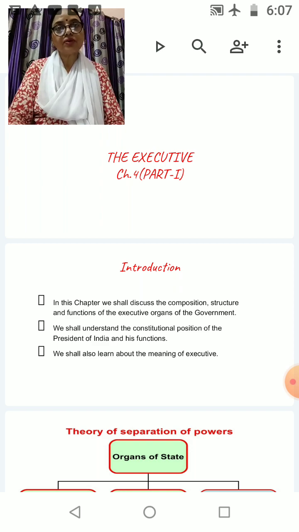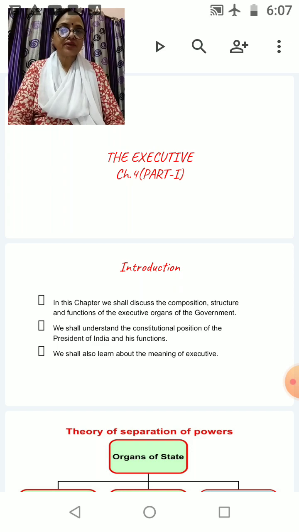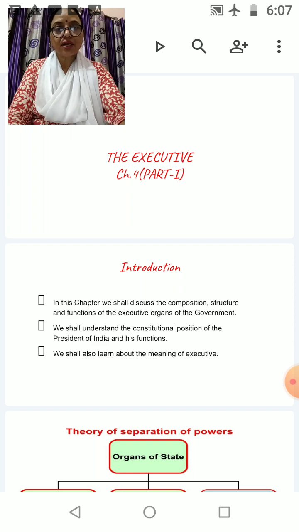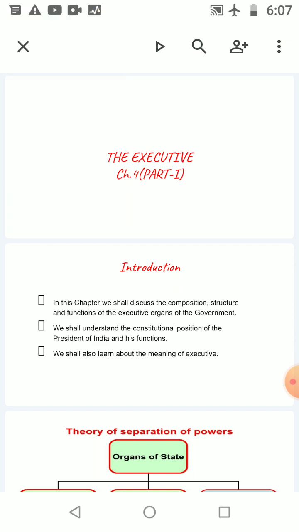We will know about the meaning of executive also. So, one by one, we will understand everything in this chapter and what the powers and functions of the president are. So, let's come and understand one by one.